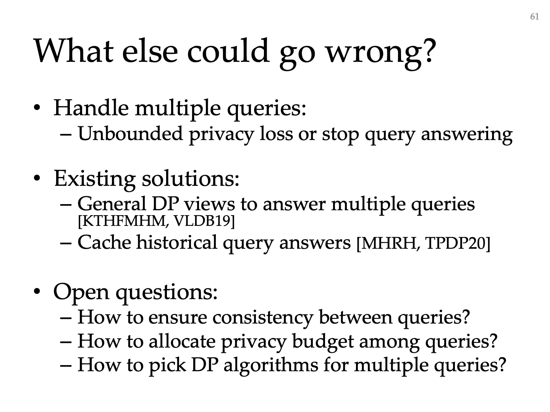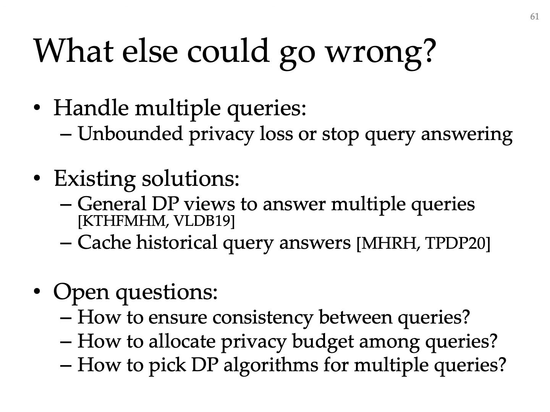We may also face problems when dealing with multiple queries, and this is also a critical point where the integration of differential privacy with databases may go wrong. For instance, if we issue an unlimited number of queries, according to the composition theorem we have discussed earlier, we know that we either incur unbounded privacy loss or we have to stop query answering after a certain number of rounds of response, which is not ideal in real-world implementation.